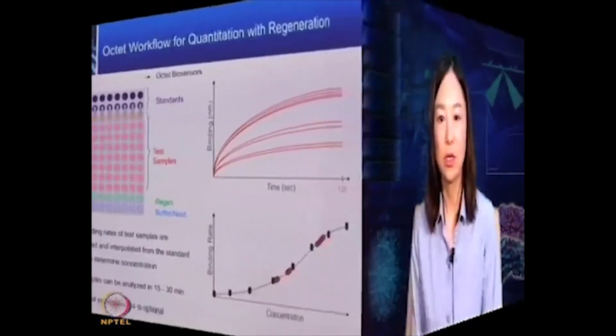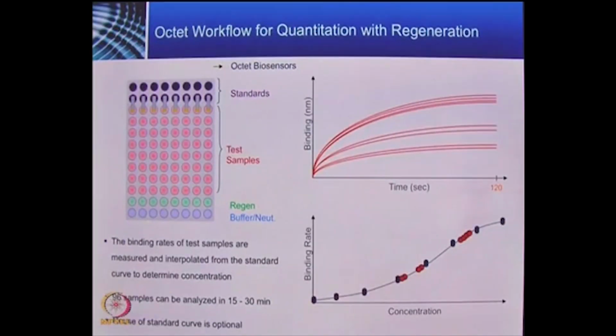Depending on the assay you are using, you can regenerate the biosensors, which means that you only need 16 or 8 biosensors to analyze the whole 96-well plate or 384-well plate. This dramatically facilitates the application of BLI technology in the pharmaceutical industry as well as in the academic research field.